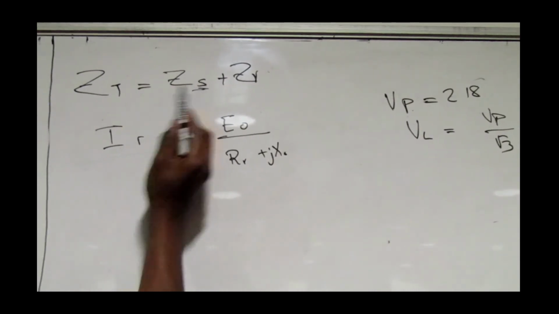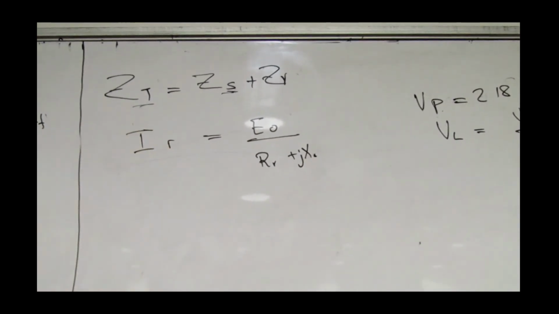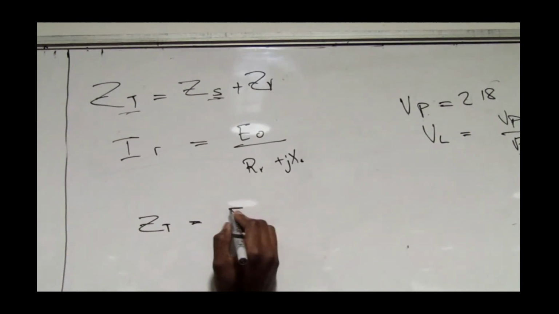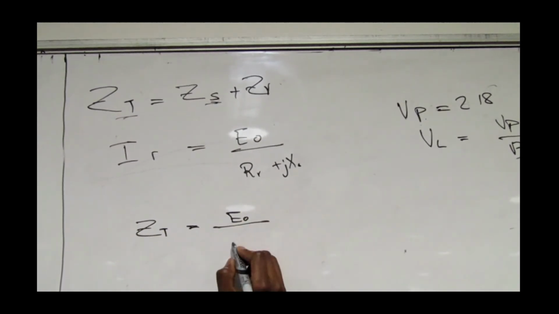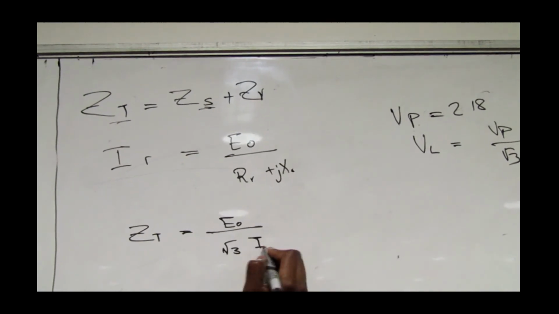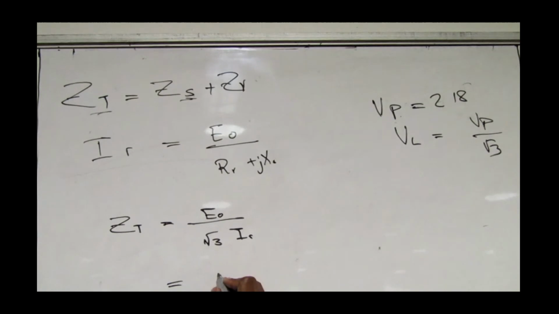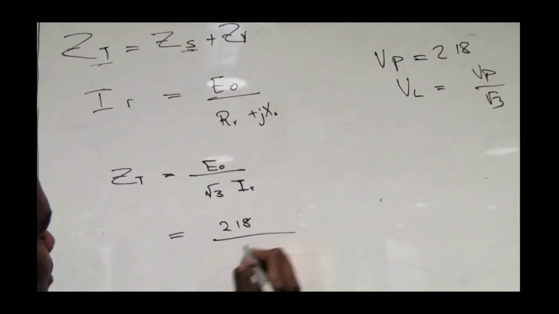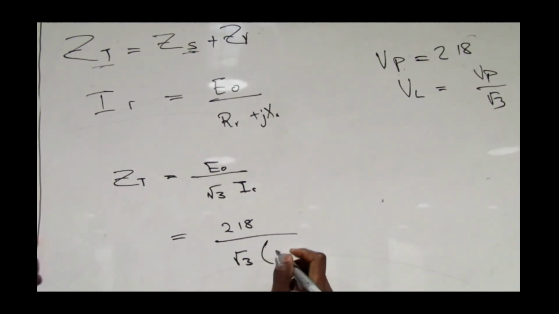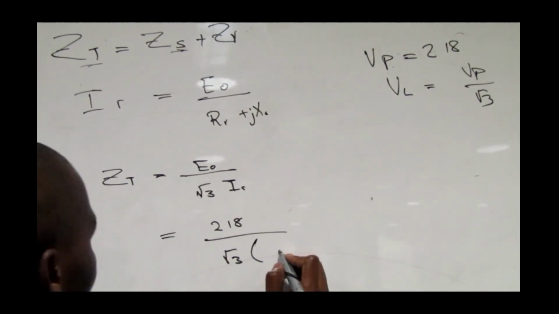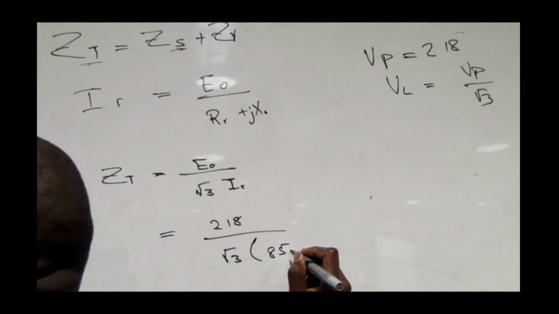We need to calculate this guy, but we must find the value of ZT, which is equal to IO divided by √3 IR. And then we have the value of IO, which is 218 divided by √3 into our current. It was given here as 85 amps.